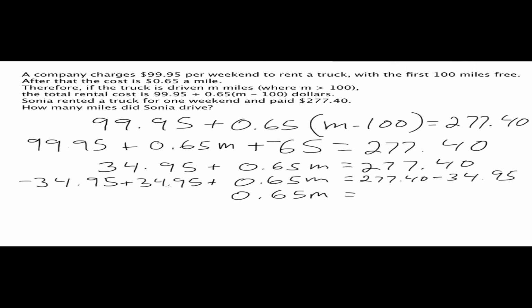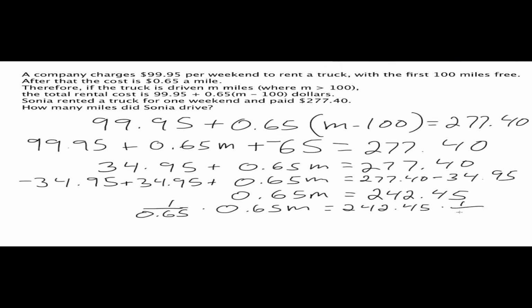277.4 minus 34.95 is equal to 242.45. And we now multiply by the reciprocal of 0.65, and that's 1 over 0.65, or 65 hundredths, times 0.65 M equals 242.45 times 1 over 0.65.